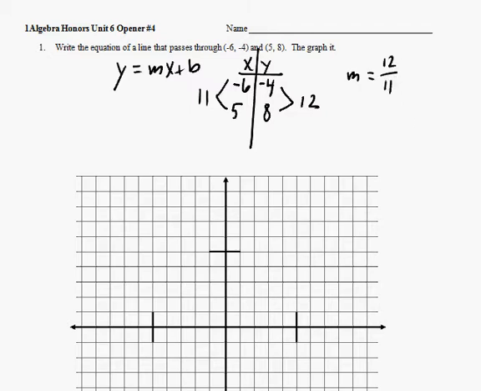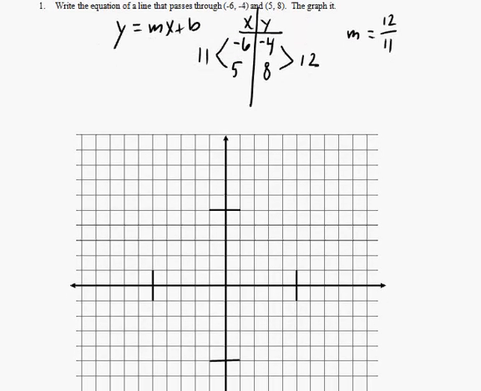Now, to find the y-intercept, I will start by writing the equation y equals 12/11 x plus b. Now, I want to find out what b is. I'm going to take either one of these points and substitute the x and the y into this equation.